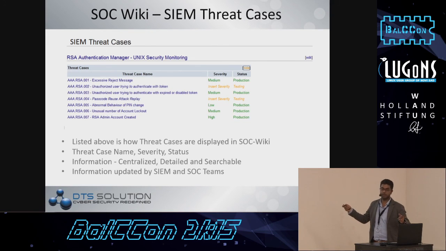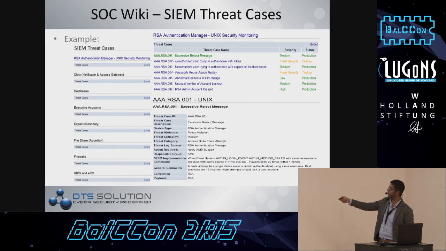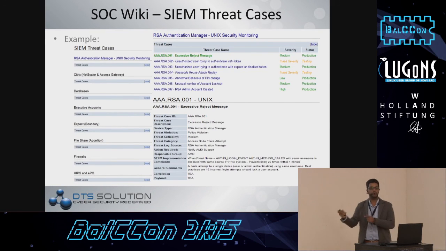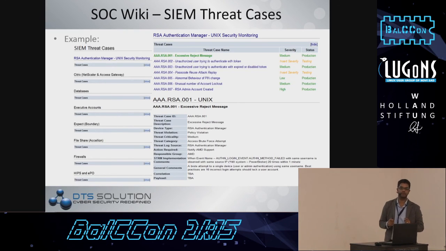In your SOC center, you will get this appearing, AAA RSA 003. Immediately you take this, put it into your portal, and you know the reason why this happened, how to investigate, who to call, what the issue is. So you know you have a coordinated plan when it comes to incident response.